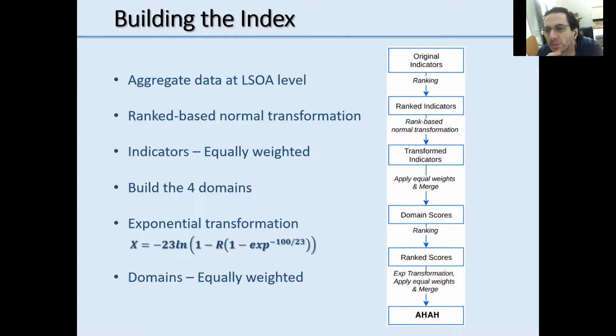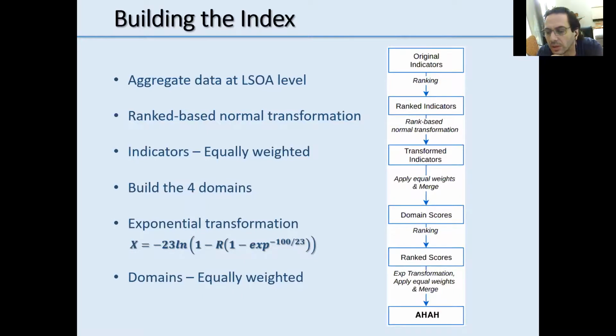Most of the time you can see people using factor analysis to determine these weights, which is a very statistical way to look for association between your indicators. But in our case, we found that there wasn't any need for factor analysis weights to be introduced here.